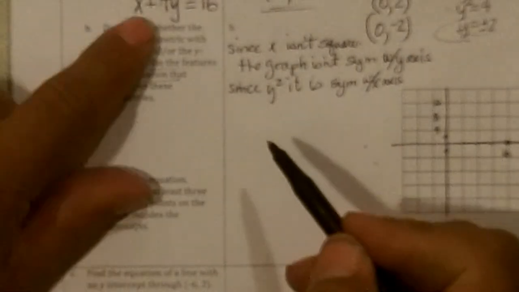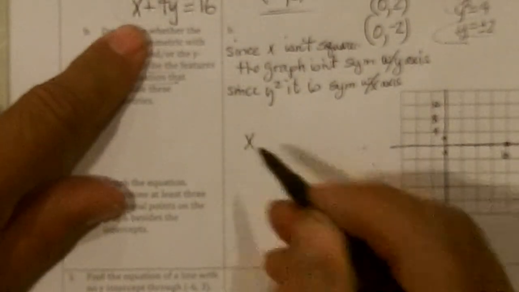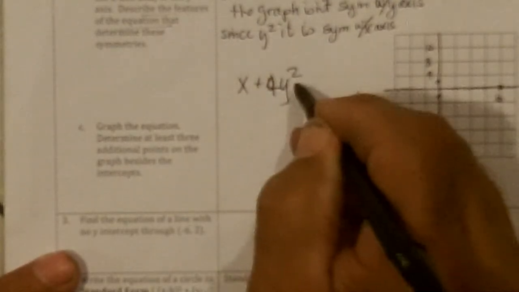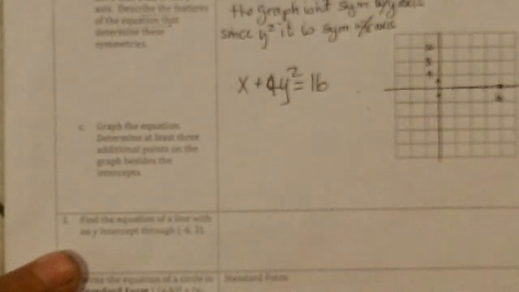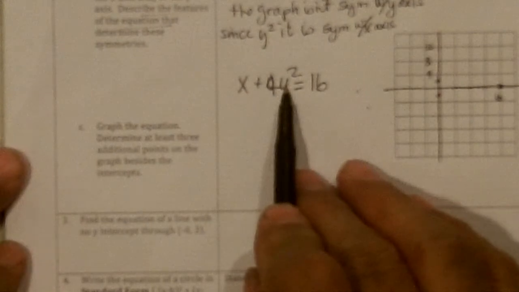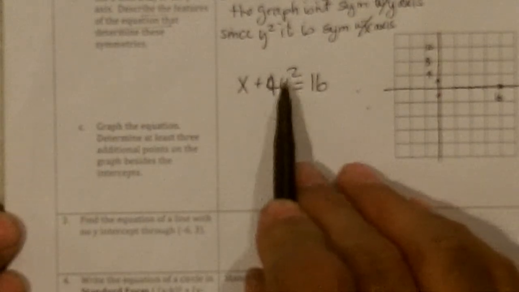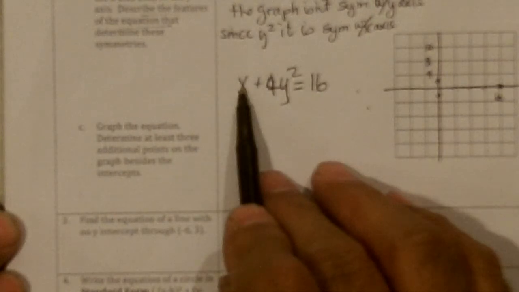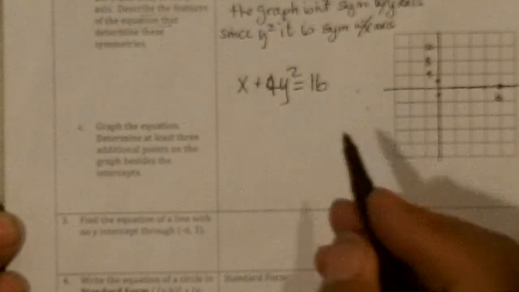Now, to get the graph, we probably need a few extra points. So if I have x plus 4y squared equals 16, I could put numbers in for x and find the matching y's, but it would probably be easier to put something in for y and find the matching x. So let's put in 1.